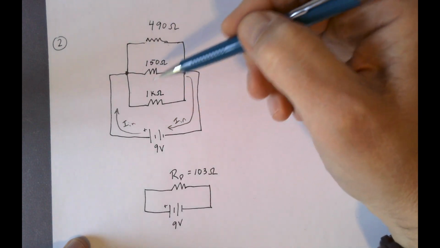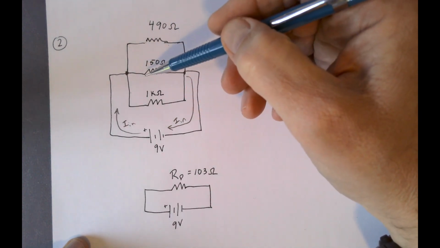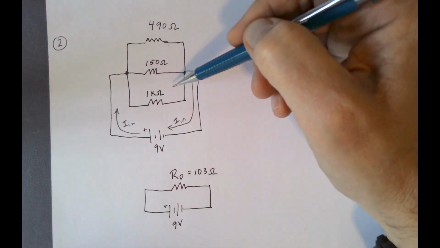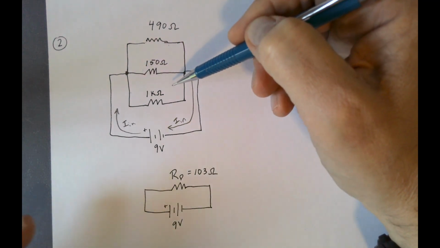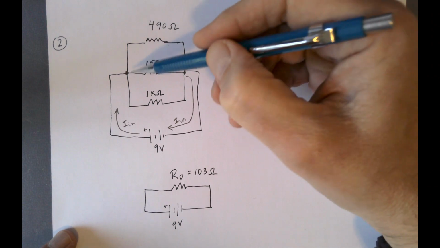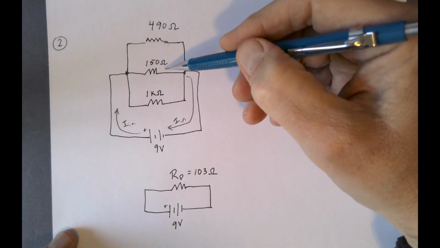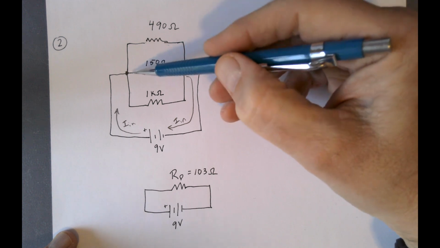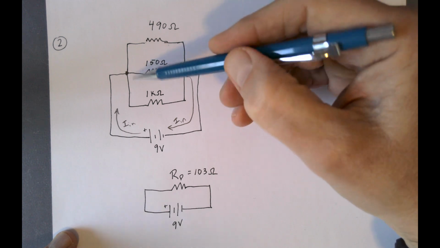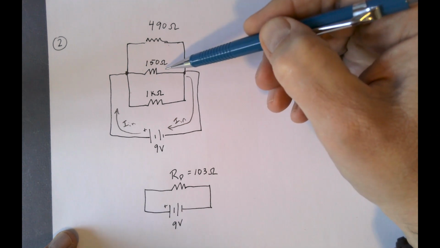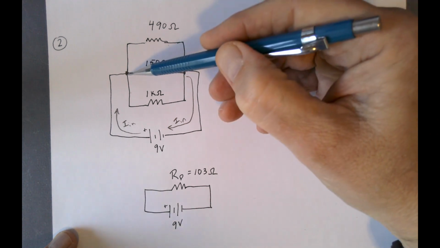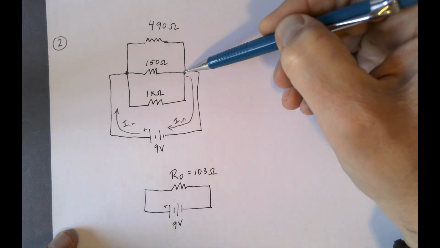There's a saying that current follows the path of least resistance, but that's not true. I mean, it's sort of true, right? The least resistance is here, the 150, but all of the electrons do not go through the 150.